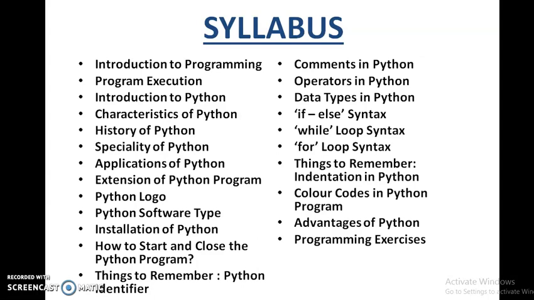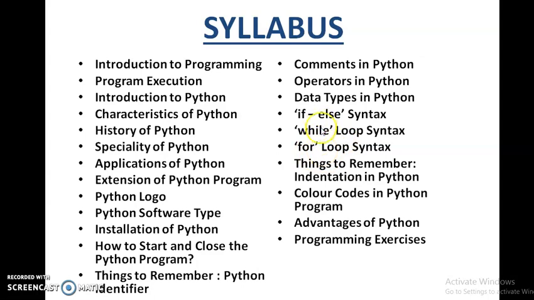After that, Introduction to Python, Characteristic of Python, History of Python, Speciality of Python, Applications of Python, what is the extension of Python program, then logo, then software type of a Python, then how we do the installation of Python, how to start and close the Python program, things to remember about Python identifier, comments, operators and data types in Python, if-else syntax, while loop syntax and for loop syntax.